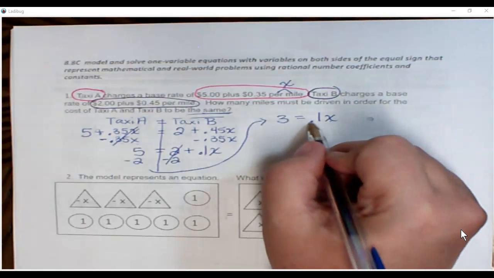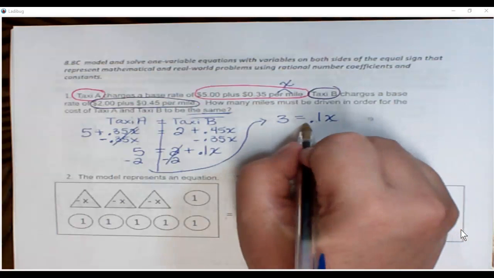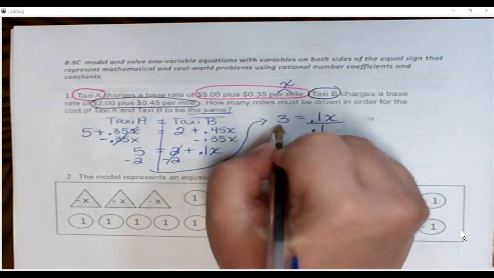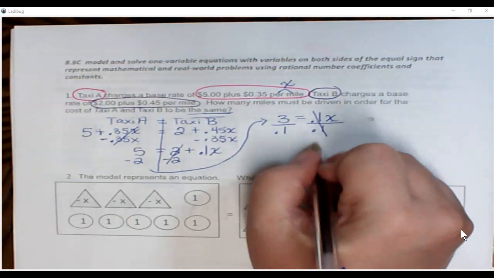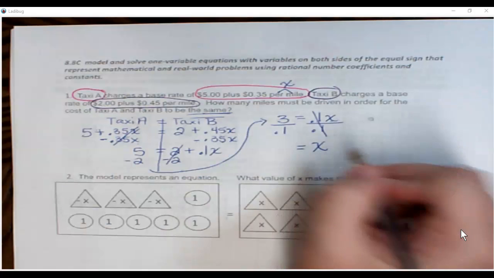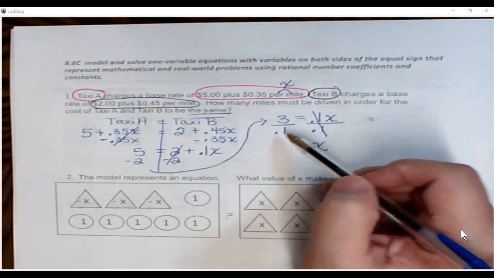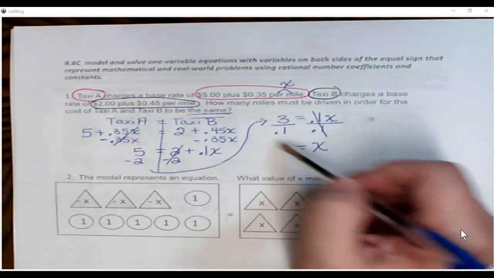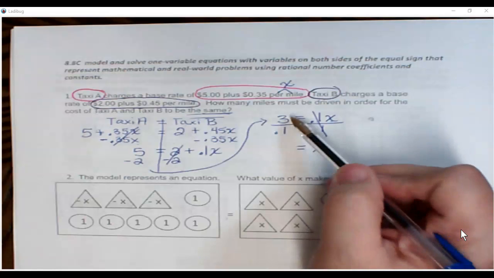And again, we want to get x isolated by itself. And this says 1/10 times x. So the opposite of multiplication is to divide by 1/10. Divide by 1/10. That cancels out to 1. So I have x equals 3 divided by 1/10. When it comes to decimals, don't be a hero. Use your resources. If you have calculators, use your calculator.